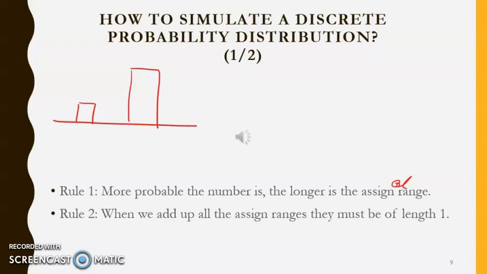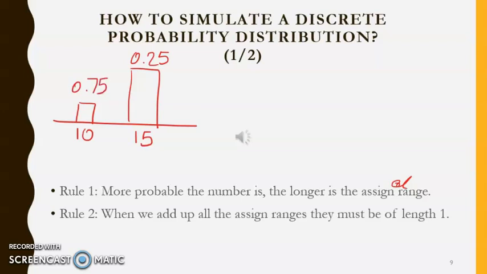So if we have, it is discrete now. Imagine, for example, this one is 10 and this one is 15. The probability of 15, imagine, is 25%, and the probability of 10 is 75%.